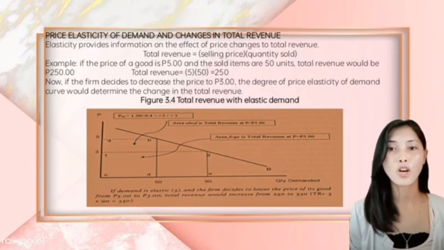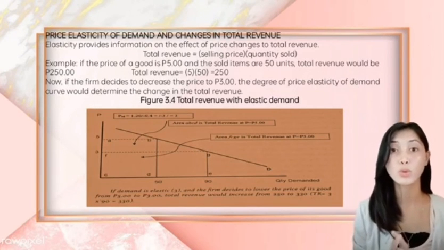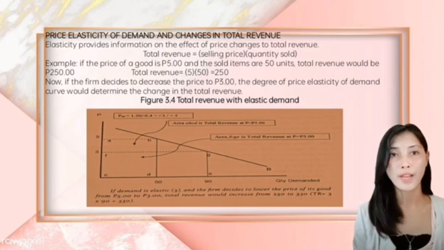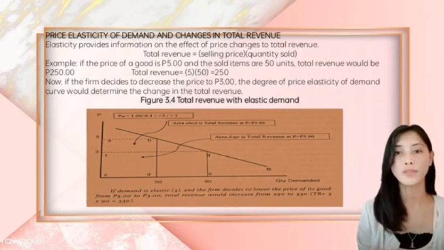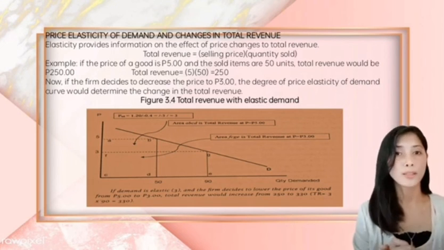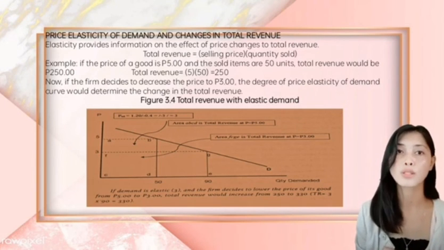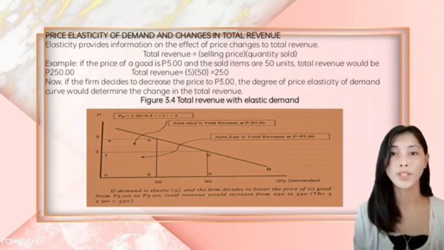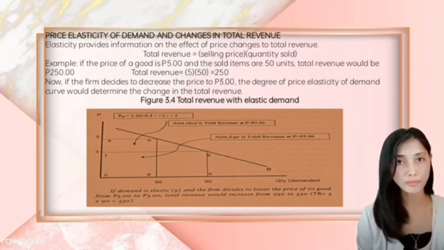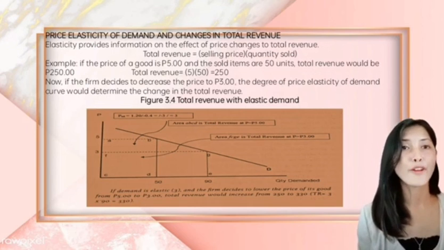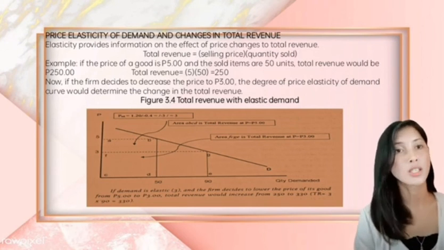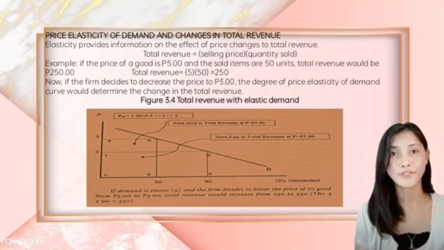Price elasticity of demand and changes in total revenue. Elasticity provides information on the effects of price changes on total revenue. We have the formula: total revenue equals selling price multiplied by quantity sold. For example, in figure 3.4, the total revenue with elastic demand: the price of the good is 5 pesos and the items sold are 50 units.